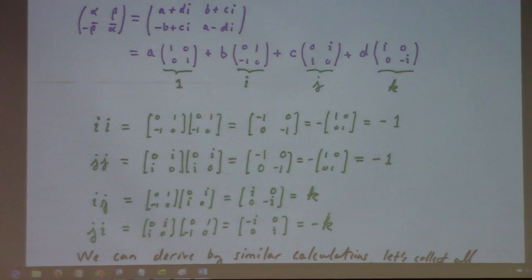Here's the usual notation. So actually, once you have these rules, for example, i times i is minus 1, or j times j is minus 1, or i times j is k, j times i is minus k, you can take these as the defining conditions for the quaternions.